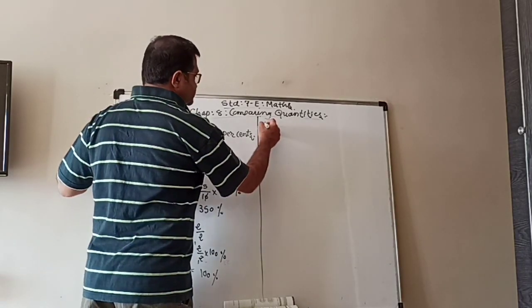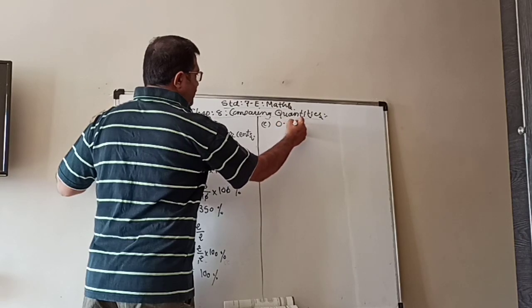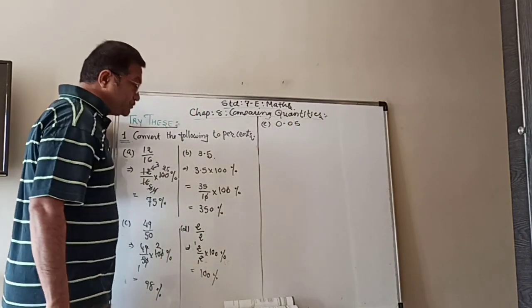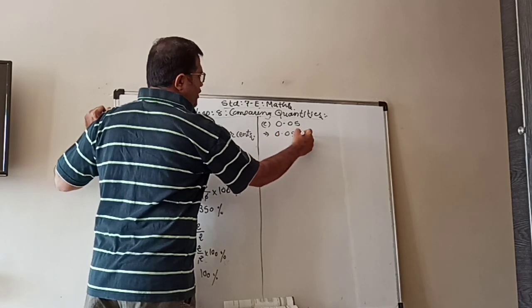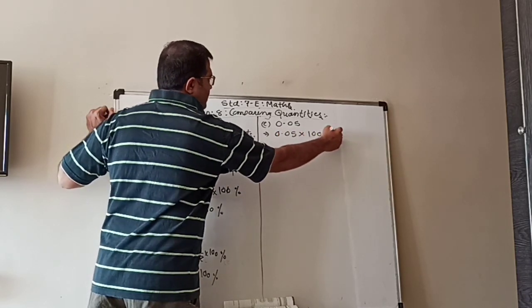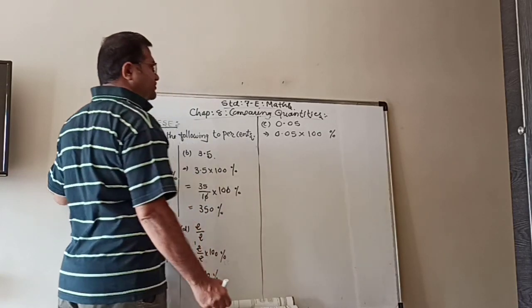Then E, 0.05. So here 0.05 multiplied by 100%.